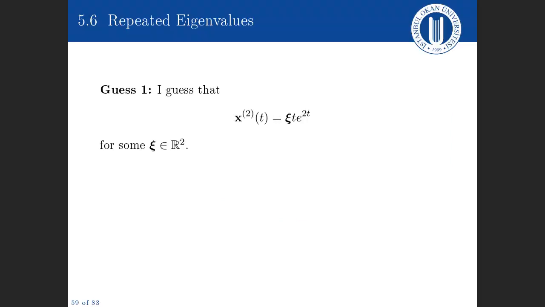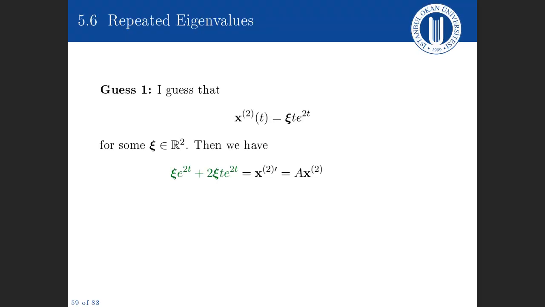Let's make a guess. We use the same ideas that we used back in chapter 3 when we needed another solution. We could try multiplying it by t. So if our second solution is eigenvector t e to the power eigenvalue t, we can try putting this into the differential equation.